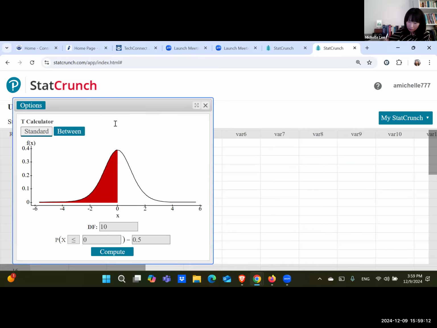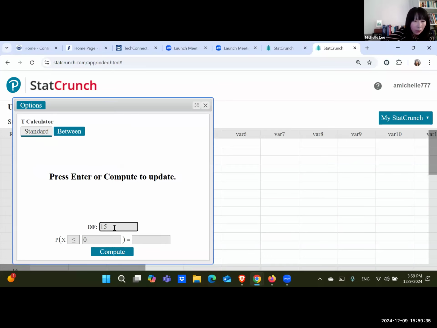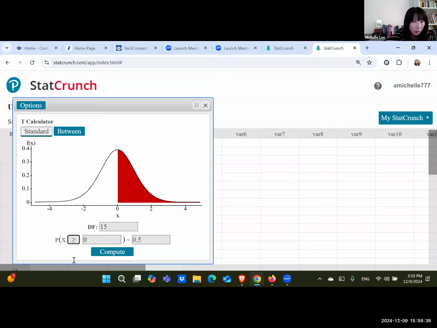Let me delete. Degrees of freedom, n equal to 16. So what's the degrees of freedom then? Excellent, n minus 1, which is 15. So we have 15 there. And then right tail, so we make it right tail.